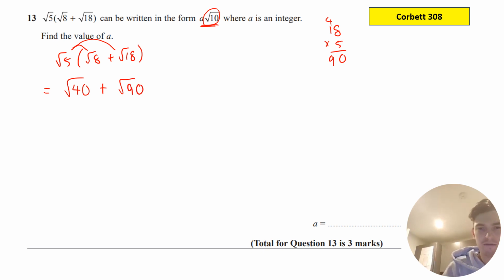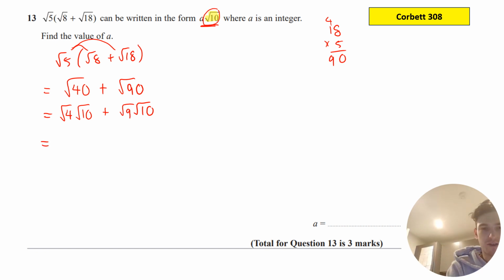So because it says root 10, that is a big clue that when I'm breaking down my surds here, one of the terms has to have a root 10. So immediately I can say root something root 10 plus root something root 10. So 10 times by what gives me 40? Well, 4. 10 times what gives me 90? 9.